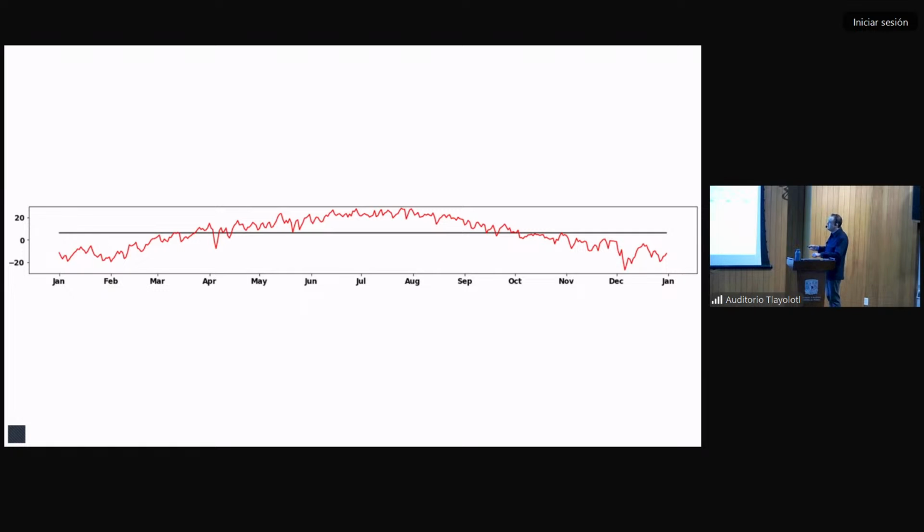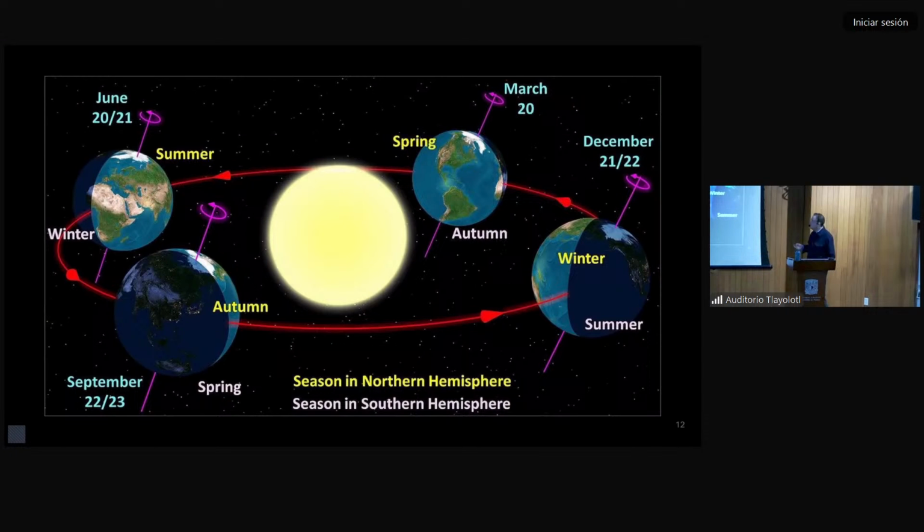But we have times of year with temperature below this mean, and times of the year with temperatures above this mean, and we don't need a Nobel Prize to know that that's related to the seasons, to the motion of the Earth around the sun that produces the different seasons.